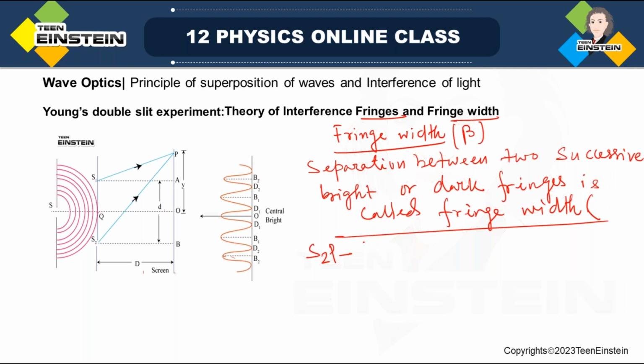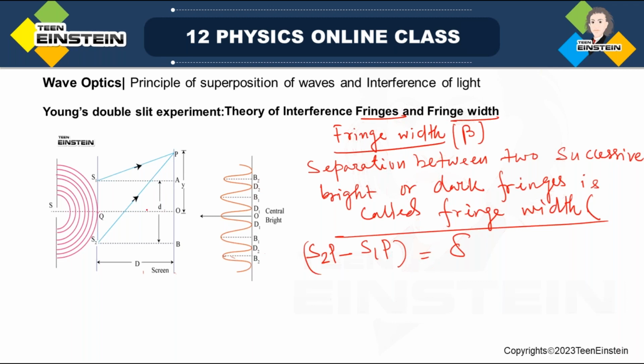This will give you the path difference. So we have to find S1P and S2P. This is the path difference delta. Once you find this, there will be many things to understand again.